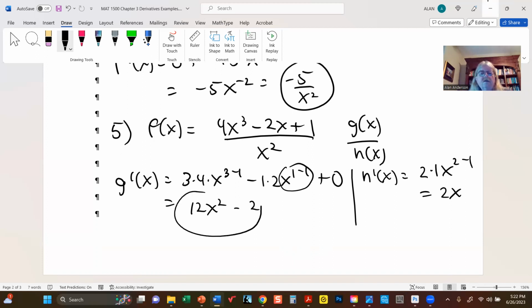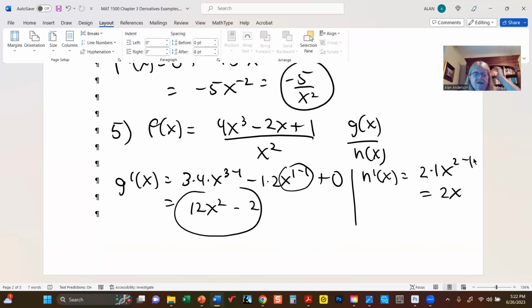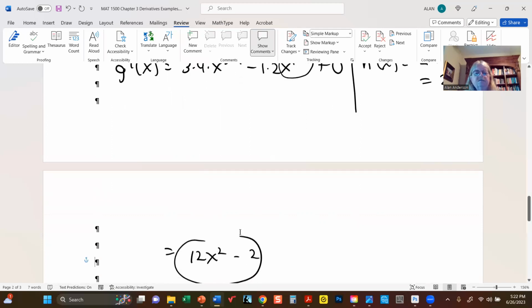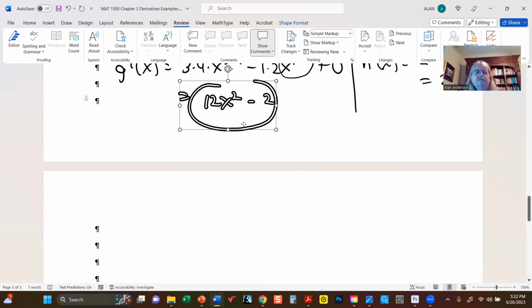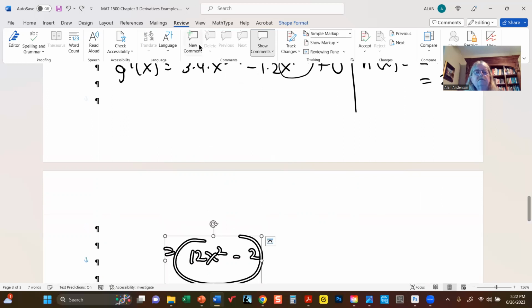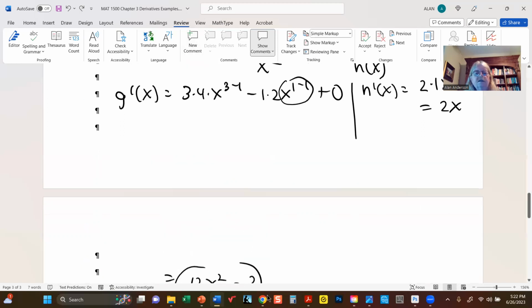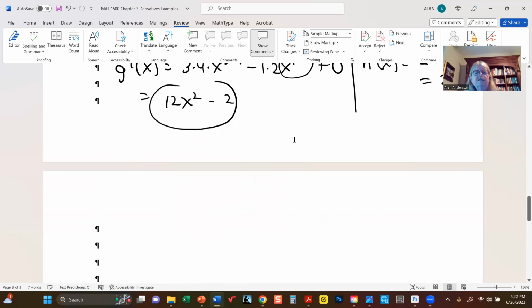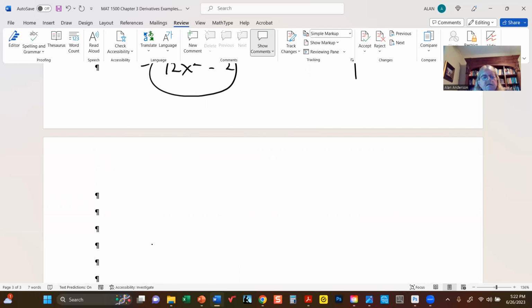All right, so let's write out the formula, the old quotient rule. Okay, let's see, it's being stubborn with me. All right, so the rule: f of x is a ratio of two other functions.